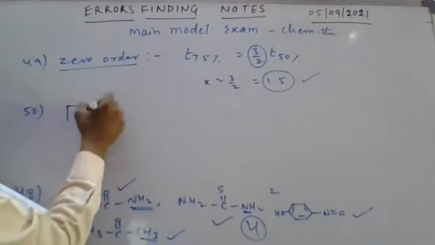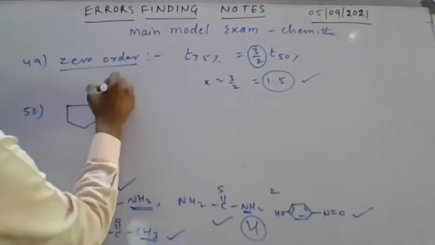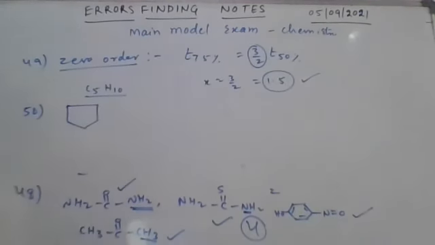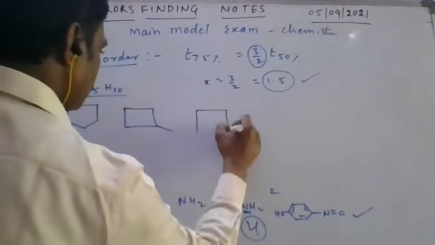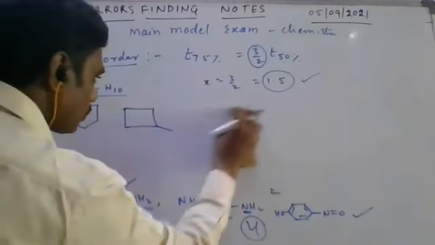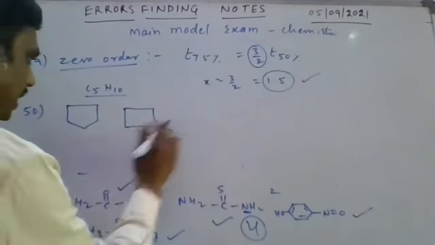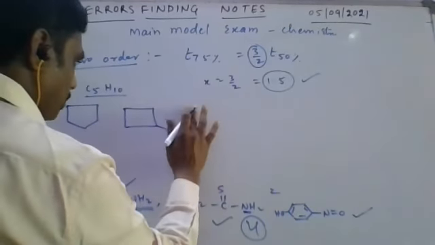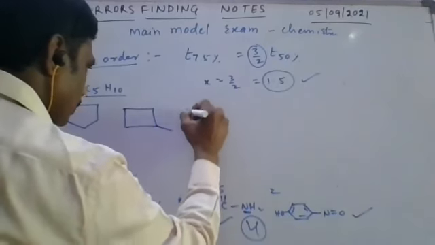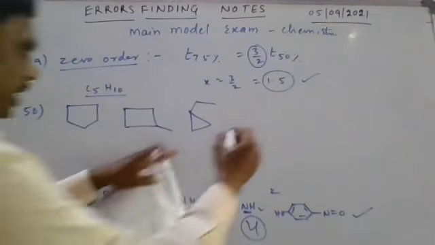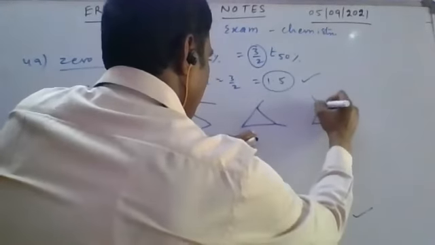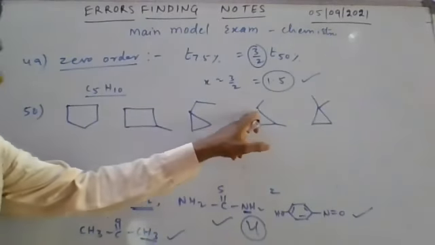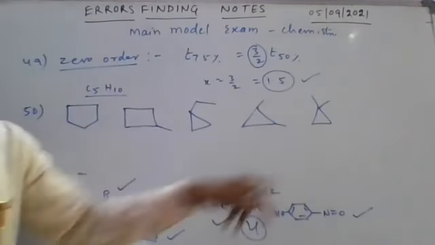Question number 50. Here cyclopentane, C5H10. Look at the possible structures: cyclopentane, methyl cyclobutane, ethyl cyclopropane, dimethyl cyclopropane. Here also dimethyl: 1,2 dimethyl, 1,1 dimethyl.